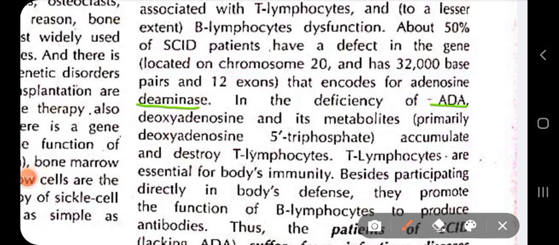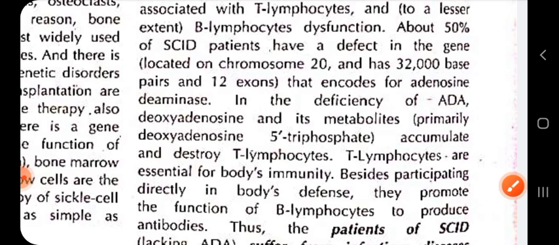Now this enzyme is coded by a certain gene which is located on chromosome number 20, and due to mutation of that gene, it leads to the formation of SCID disease.